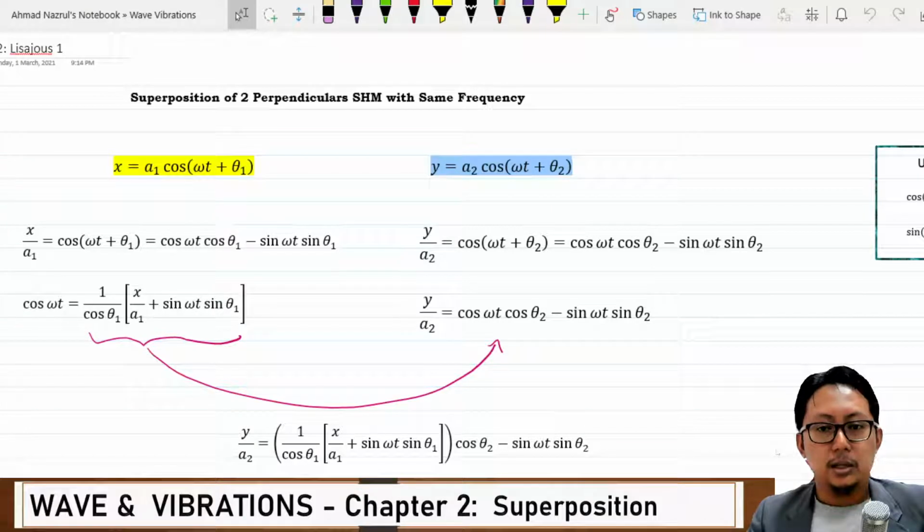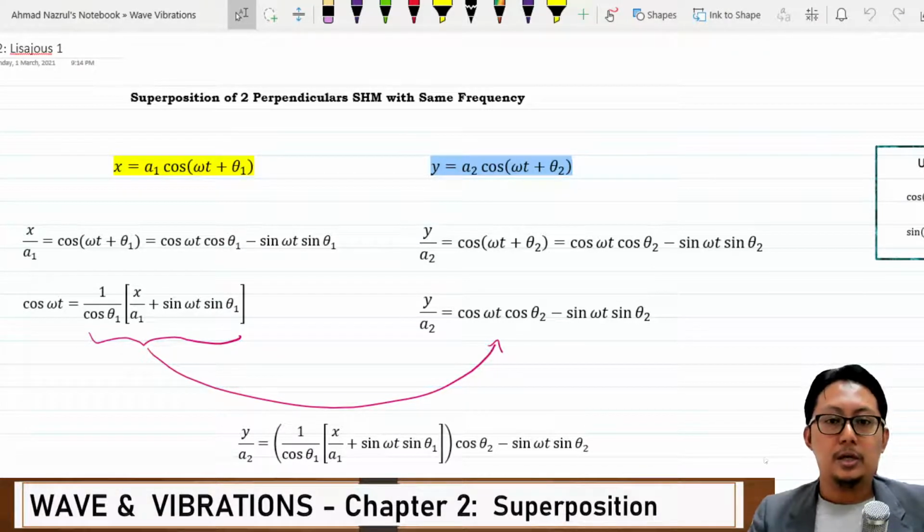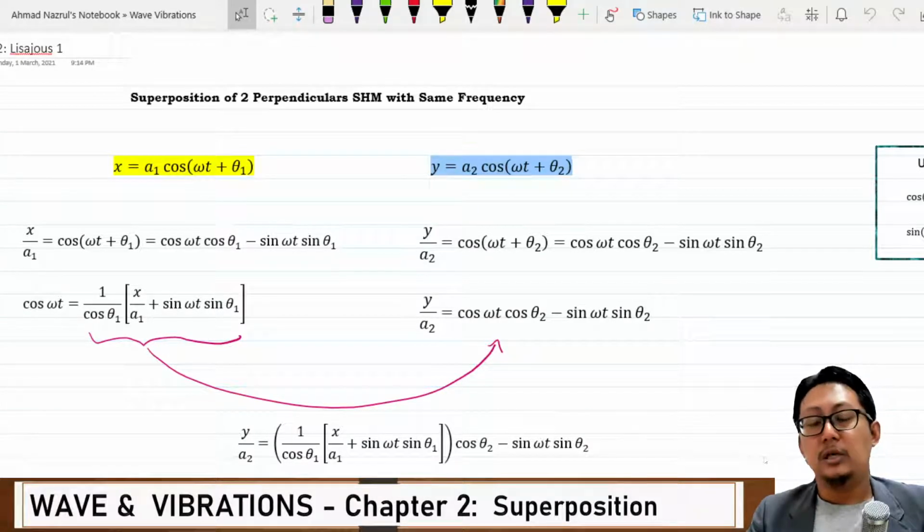So for this calculation, we discuss firstly two perpendicular simple harmonic motions in different directions. One in the x direction and another in the y direction.